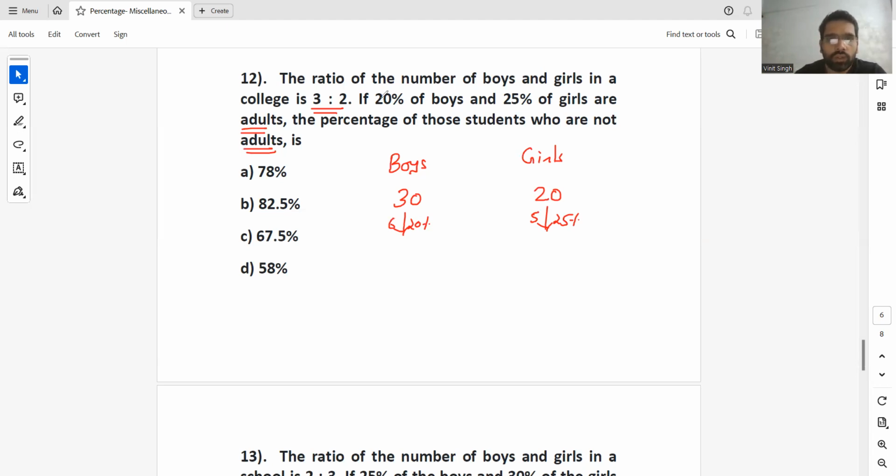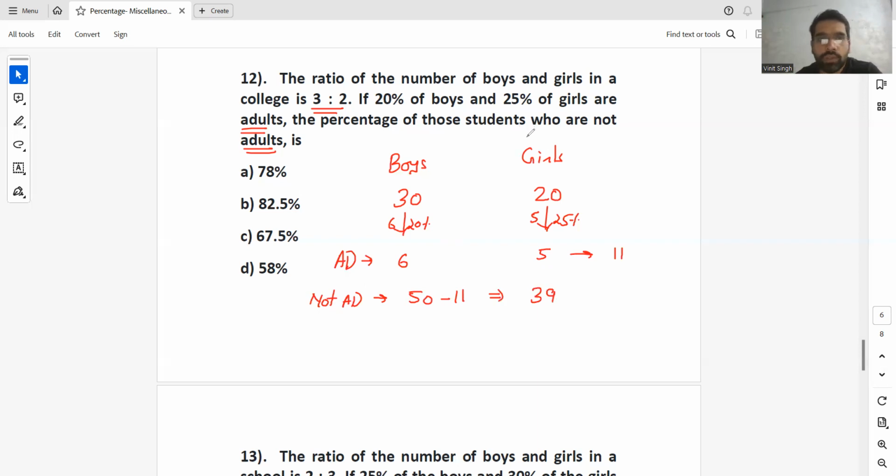Now, 20% of the boys and 25% of the girls are adults. So adults will be 6 and here 5, total 11. Not adults is equal to total boys plus girls, 50, minus 11, which is equal to 39.